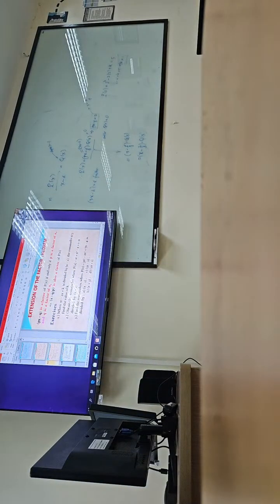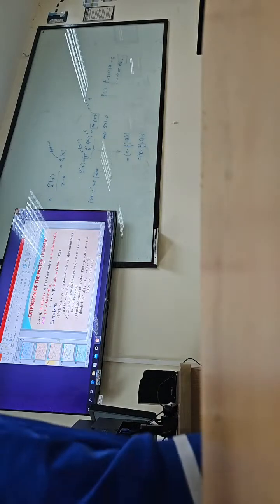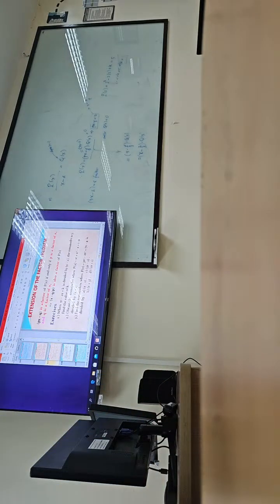Okay, here. Number 2. Obtain the remainder when the polynomial P(x) = x cubed plus x squared minus x plus 1 is divided by x plus 1. There are two ways of doing this.